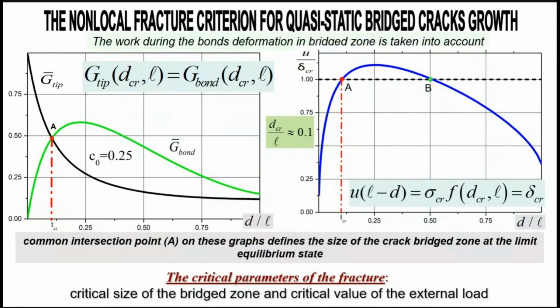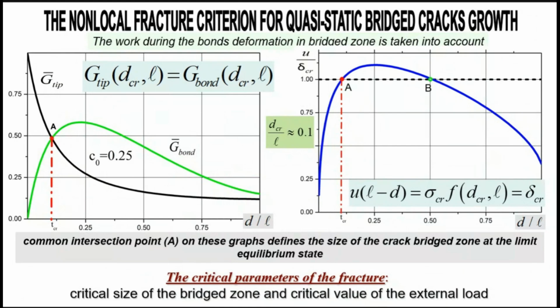Here we present both equations of this criterion, the energy condition and the kinematic condition. The first graph presents the dependence of both energy parameters on the size of the bridged zone, and point A, the intersection of these graphs, gives the critical bridged zone. The second graph is the dependence of crack opening at the edge of the bridged zone.